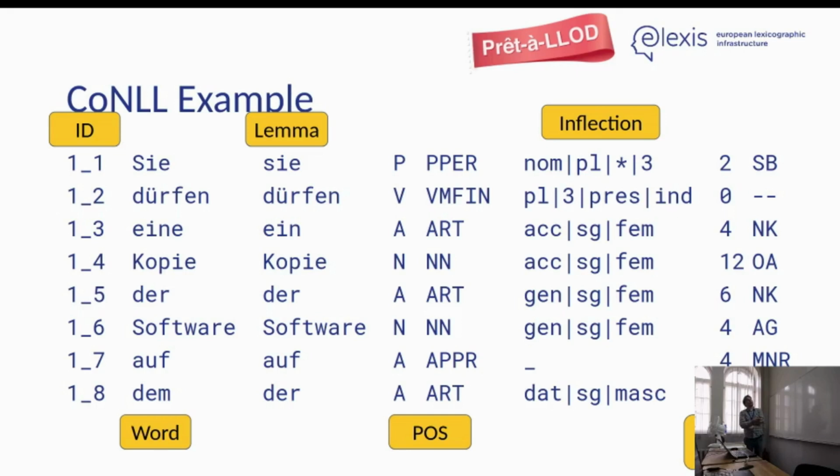And then, for example, here this refers to number 4, which is copy, and NK, I'm not actually quite sure what NK stands for. It's somehow linking the article to its noun, obviously, but I don't know what it stands for. So this gives us a dependency structure.